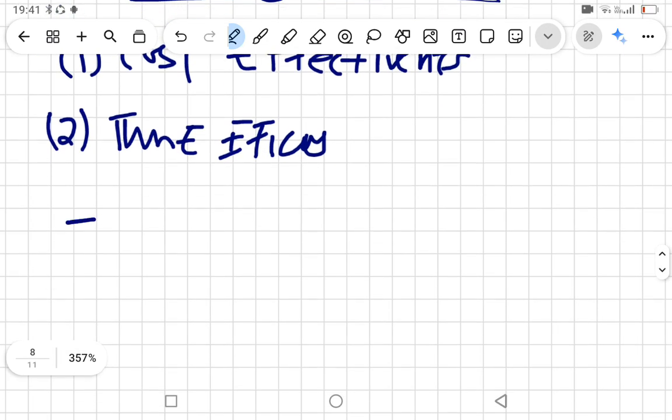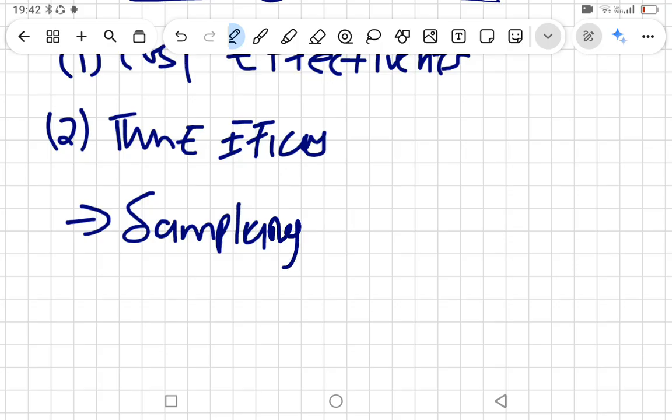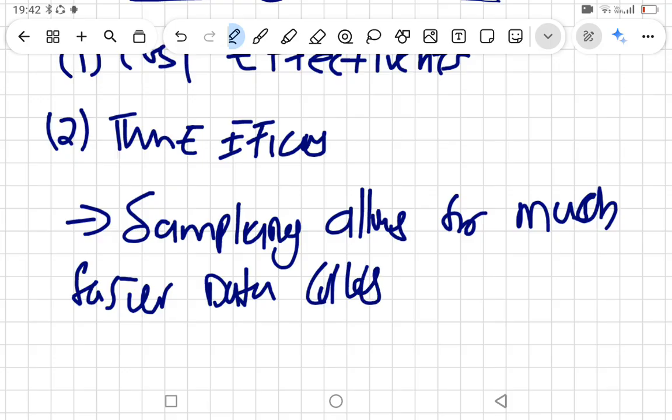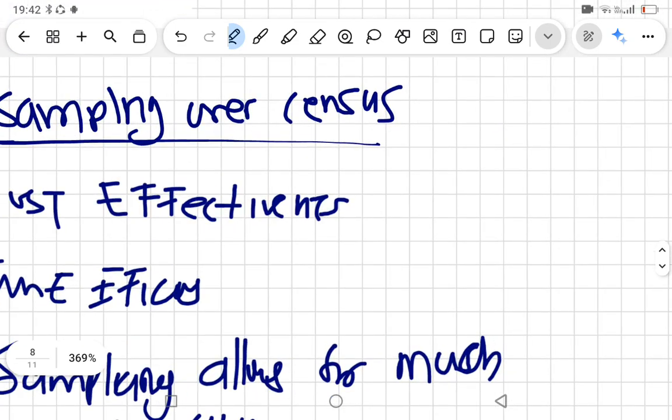Sampling allows much faster data collection.